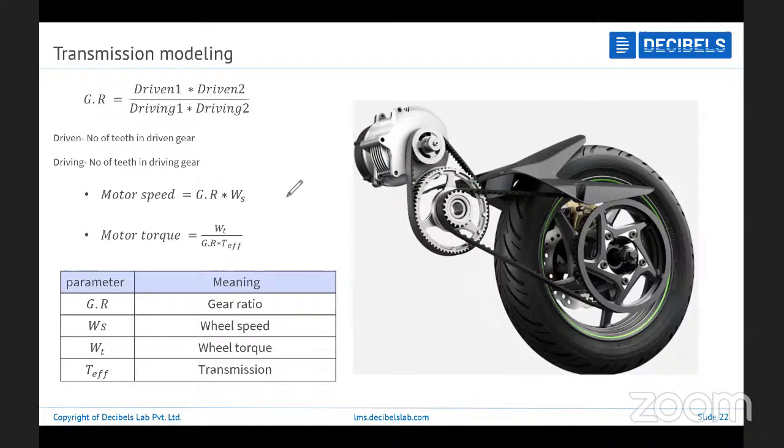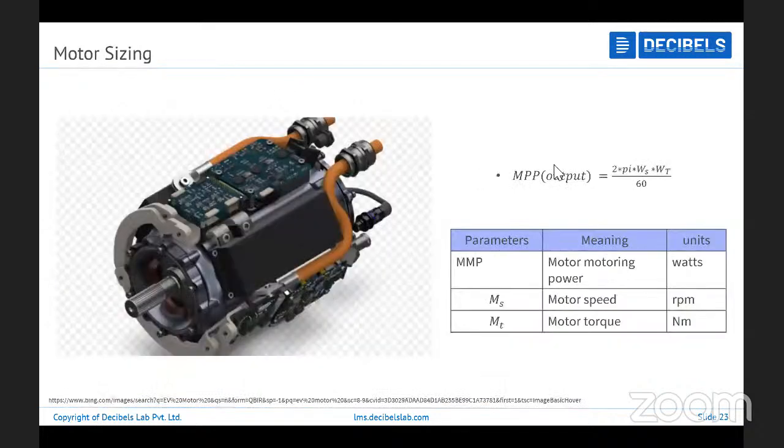Once we know motor torque and motor speed, with the help of a basic equation we will be calculating motor power, that is 2 pi N T upon 60. Here T is nothing but your motor torque, and N is the motor speed.